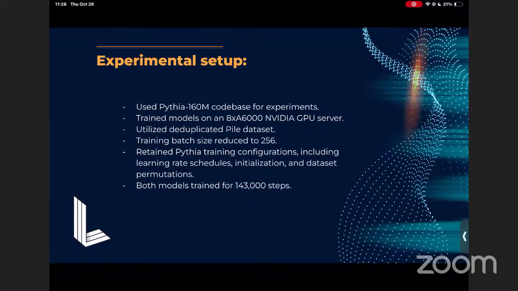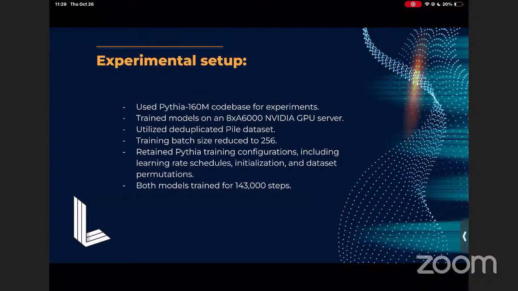Okay. They used the Pythia framework. This framework has many models. They specifically chose one with 160 million parameters and trained the model on an NVIDIA GPU server, 8 by A6000, which is designed for high computational models.